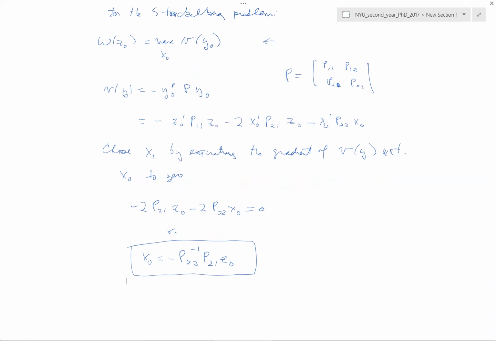So Z0 is a given state variable. It's a given initial condition for the natural state variables.